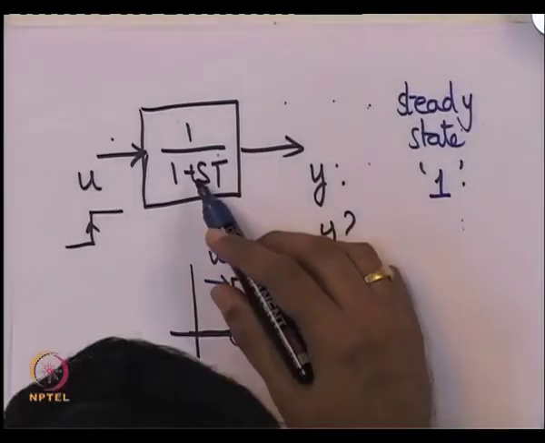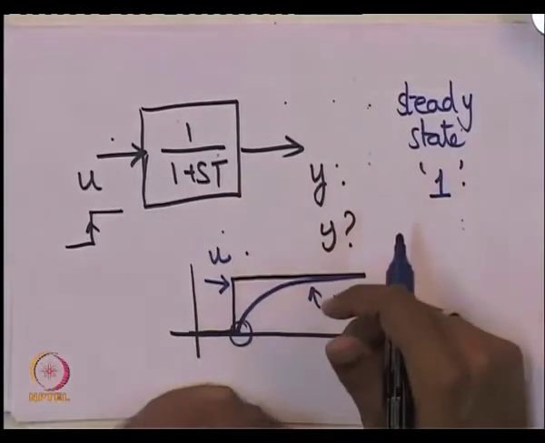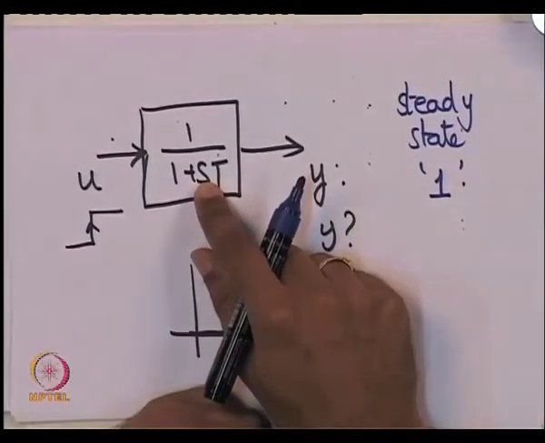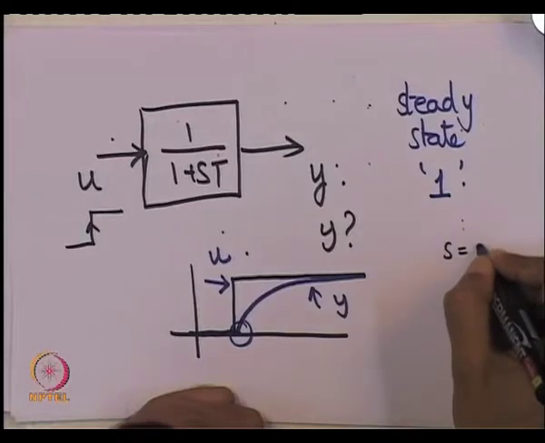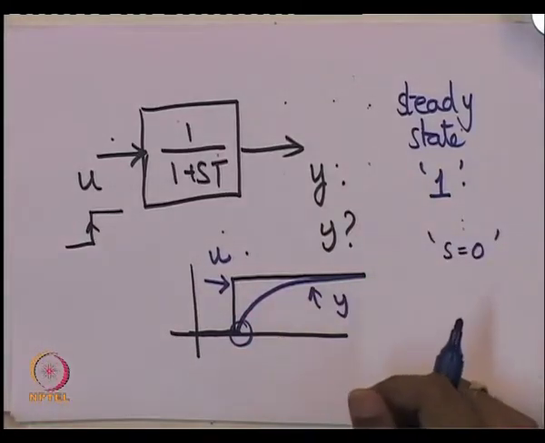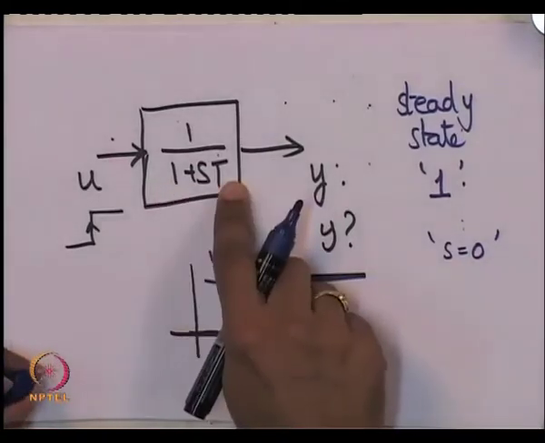Okay. Now, of course, the same inference can be obtained directly by setting s equal to 0 in this transfer function. So, a shortcut method of finding the steady state gain of any transfer function is to put s equal to 0 in the transfer function.